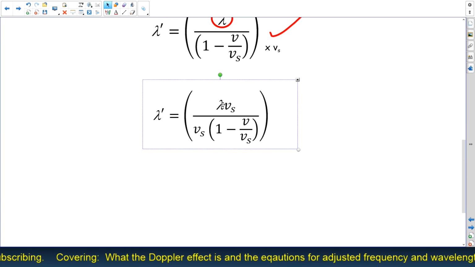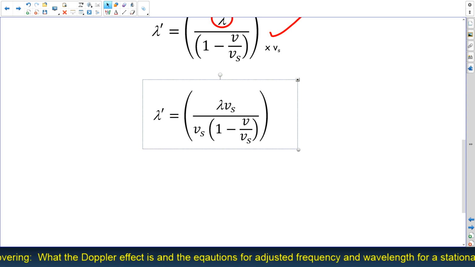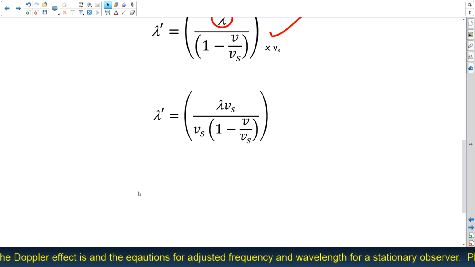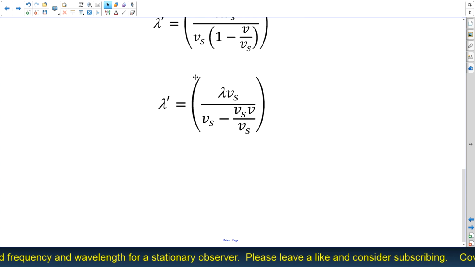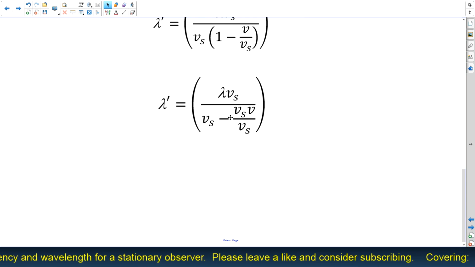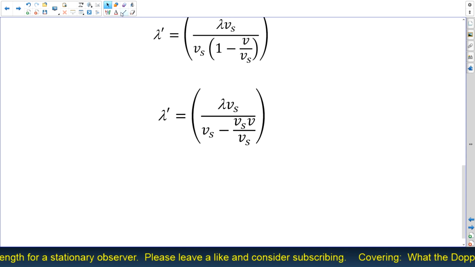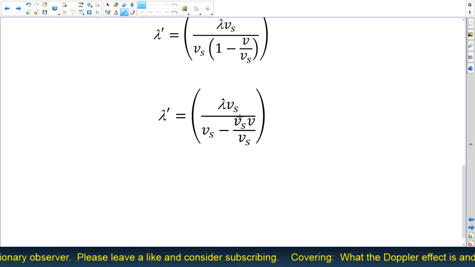Okay, we get lambda Vs upon Vs and all that. Multiply into my bracket, and have an act of faith that this is going somewhere. And we get this, that lambda dash is equal to lambda Vs over Vs upon Vs, V over Vs. There's a lot of Vs's there. But we can now start cancelling those Vs's.